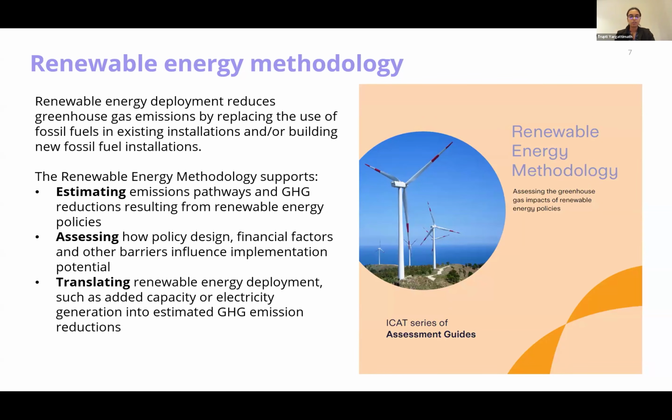So against this backdrop, it is important to assess the impact of renewable energy policies in a consistent and transparent way, and to understand whether they are delivering the expected results and contributing to national and global climate objectives. So the methodology supports policymakers in doing exactly this. It can help them assess and strengthen the effectiveness of renewable energy policies, while also providing information that can support reporting under the enhanced transparency framework.